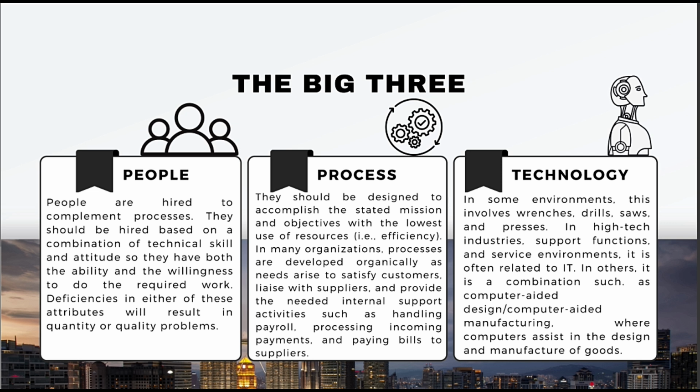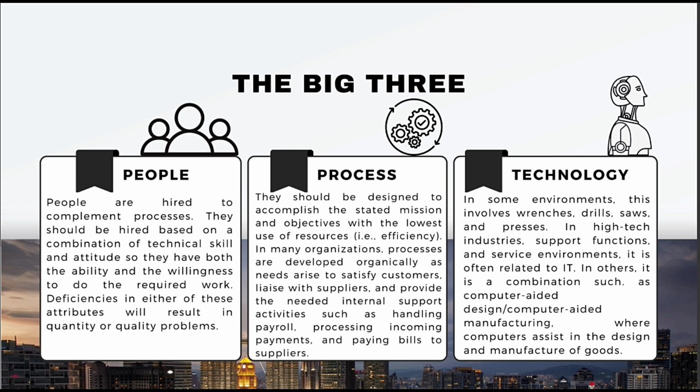Initially, processes are often developed organically to meet immediate needs such as customer satisfaction, supplier management, and internal support activities like payroll handling and financial transactions. However, as organizations evolve, these processes can become inefficient due to the gradual addition of unnecessary steps, forms, and procedures.